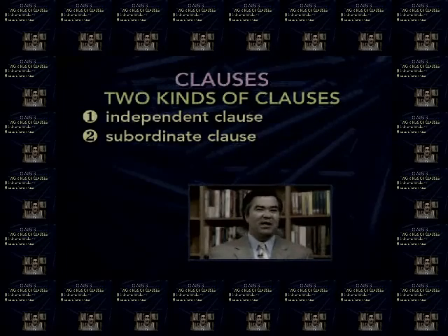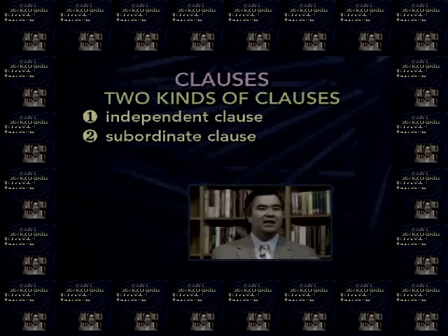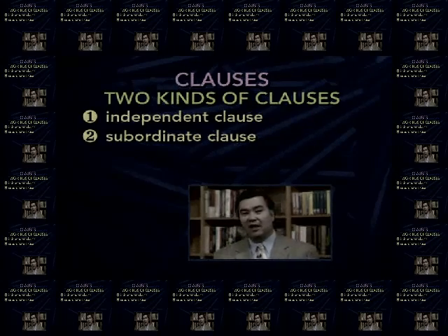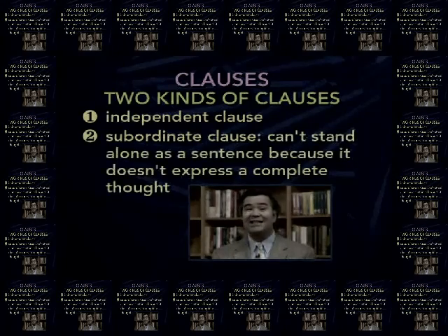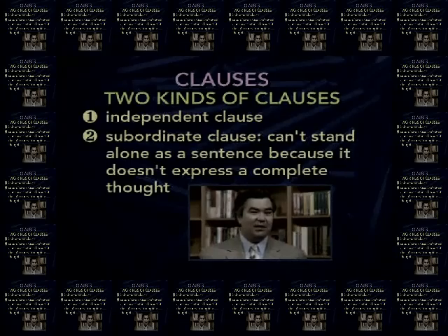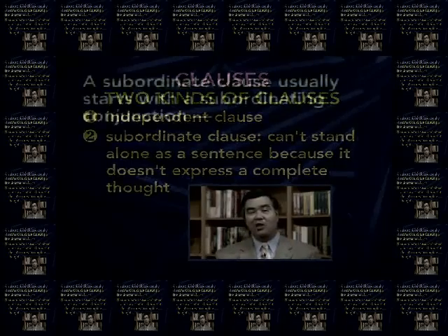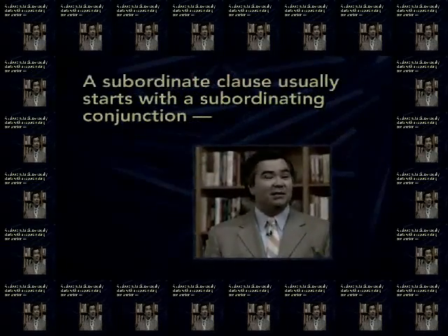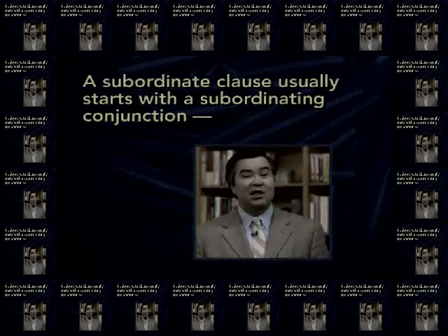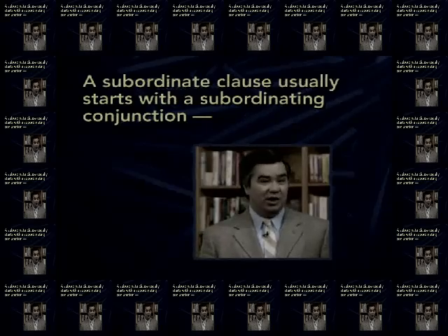The word subordinate means following or less important than, and this describes what these clauses are like. A subordinate clause can't stand alone as a sentence because it doesn't express a complete thought. Usually, subordinate clauses begin with particular types of words which are known as subordinating conjunctions.